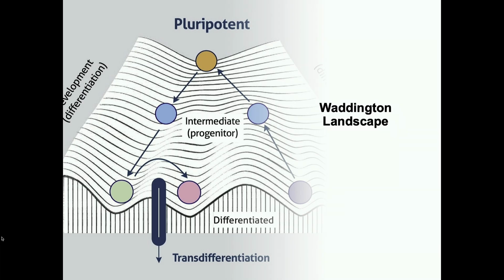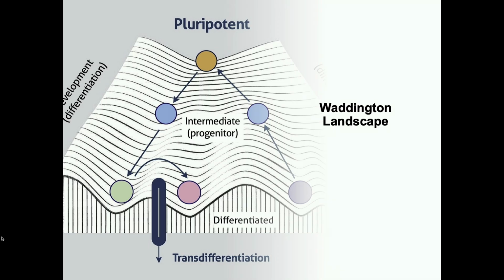Similarly, this cell will decide at this point whether it takes this path or this path. At every such fork the cell makes that decision, and it keeps rolling to the bottom of this landscape. At the bottom of the landscape are the terminally differentiated cells.